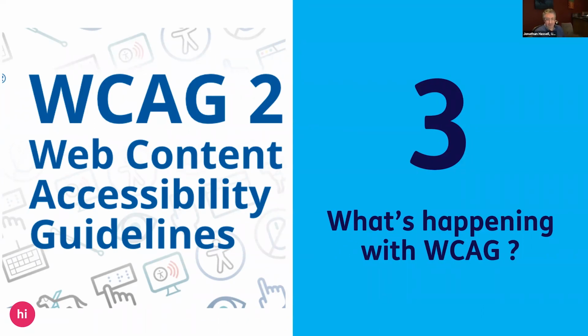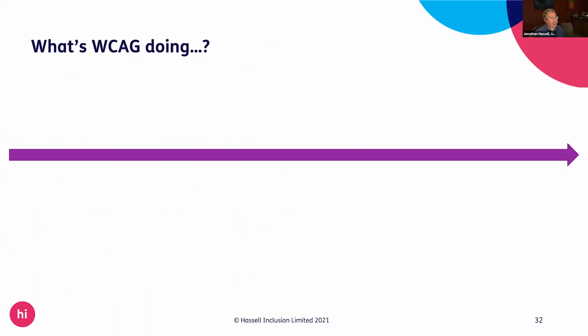But the thing that most people really care about is WCAG, because I'm guessing that most people on the call are probably not doing games or other things; the one thing that everybody does is websites. And WCAG was designed for that. What's it doing?